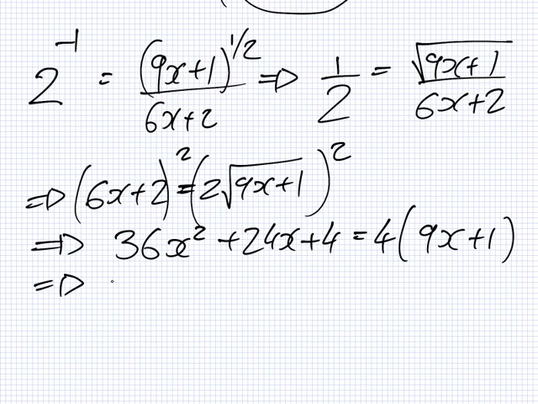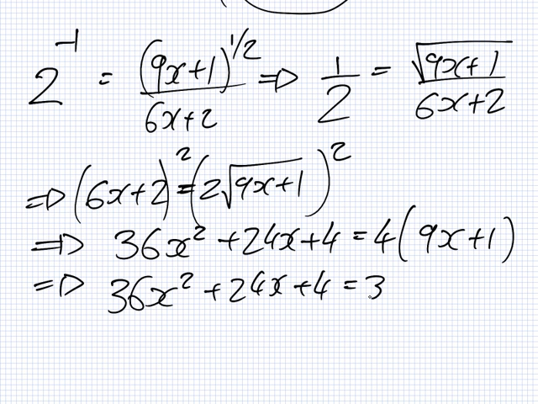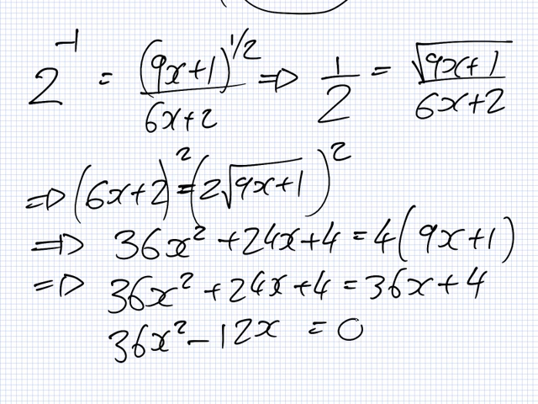So now I get 36x squared plus 24x plus 4 equals 36x plus 4. So I get 36x squared. What's that? Minus 9, is it? No. Minus 12x. Oh, this is 0. Equals 0.